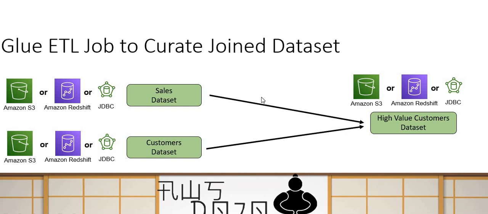Using a Glue ETL job, you can join these two data sets and generate a data set which can then be stored in any of these three locations. Again, these are just example locations, but there could be locations beyond them, like DocumentDB or DynamoDB or even other locations supported by Glue where you can store a data set or from where you can read a data set.